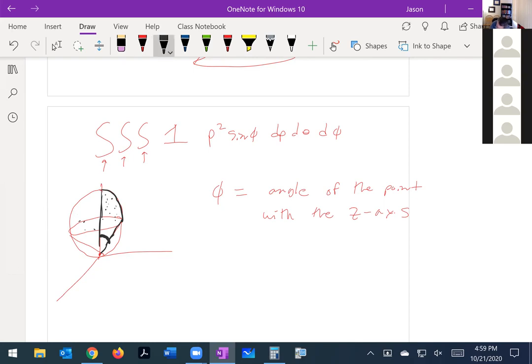If I took this slice and rotated it 360 degrees about the z-axis, wouldn't I get the whole ice cream cone? But phi is what angle now, though?